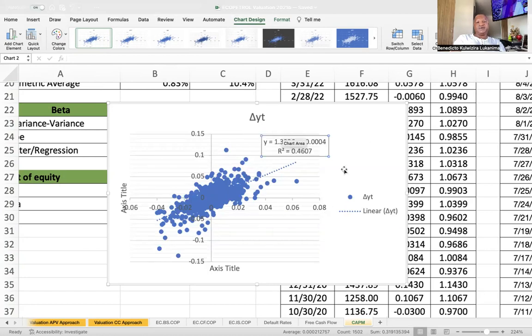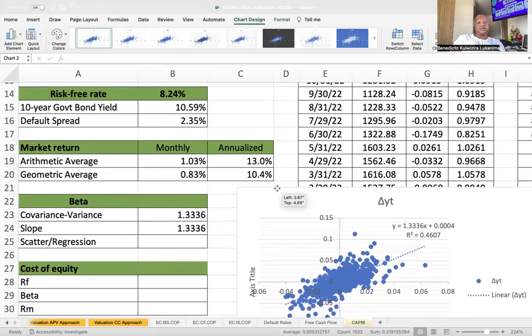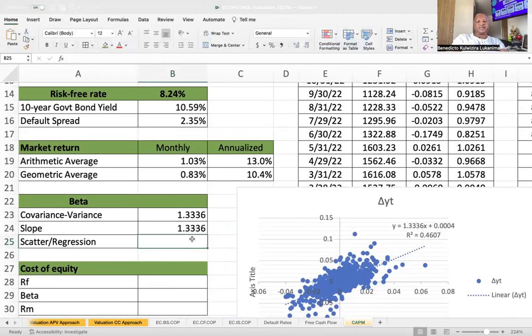It says y equal 1.336x, which means x is the market return, and therefore 1.336 is beta. That is the coefficient for beta or market risk, which is the same as what we have from the other methods. So let's just put it here. It is exactly the same. So we are done with beta.